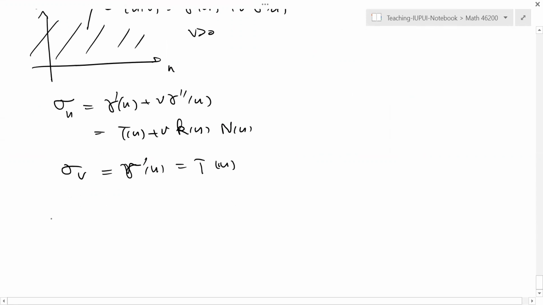So now what do you get? E is going to be 1 plus v squared k(u) squared, right? F, I think F is 1, the inner product is 0. G is also going to be 1.